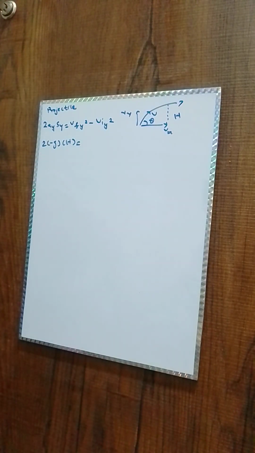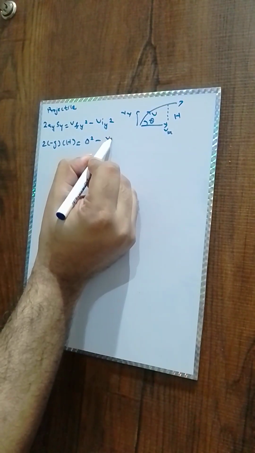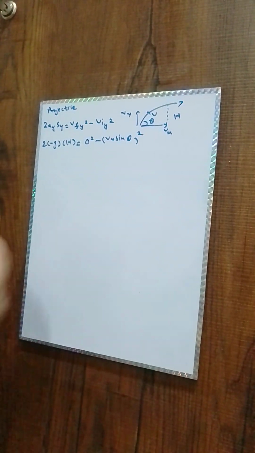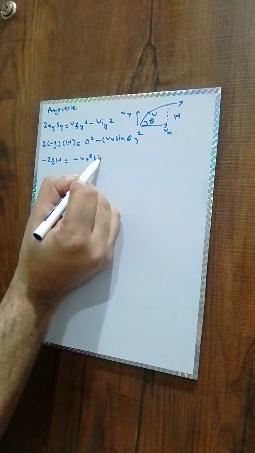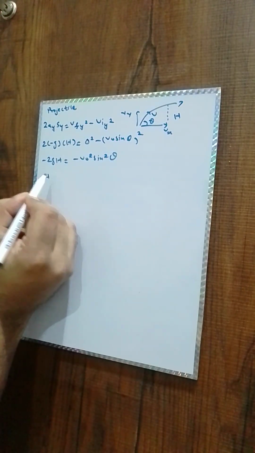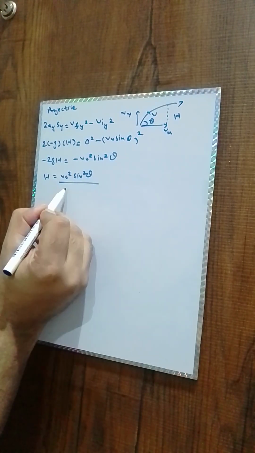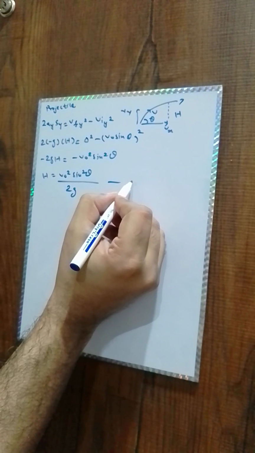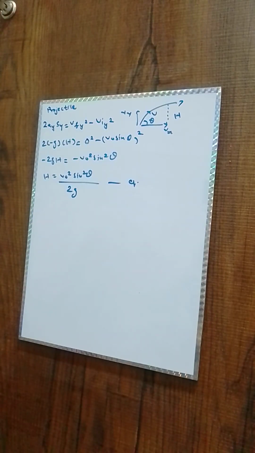Basically, at the maximum height in the middle, it has vertical component nearing 0, which means 0 square minus (v naught sine theta) whole square, the vertical component initially. So minus 2gh is equal to minus v naught square sine square theta. So h is equal to v naught square sine square theta by 2g. So this is a form here. Okay.